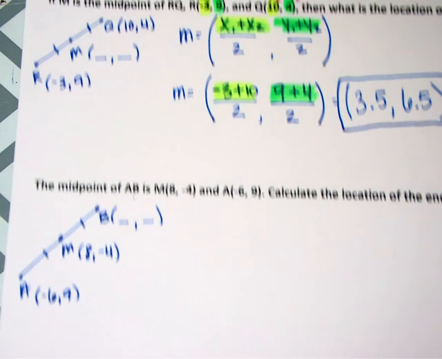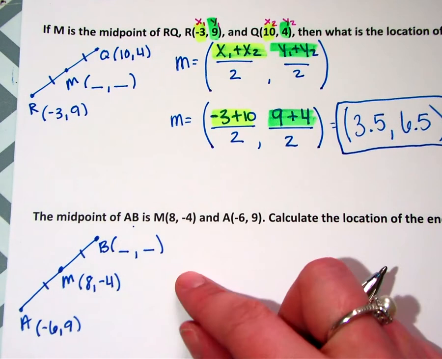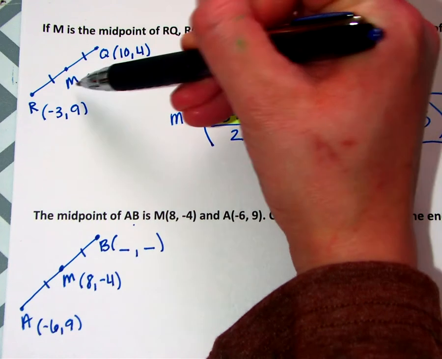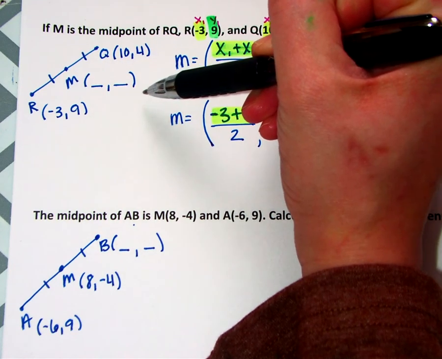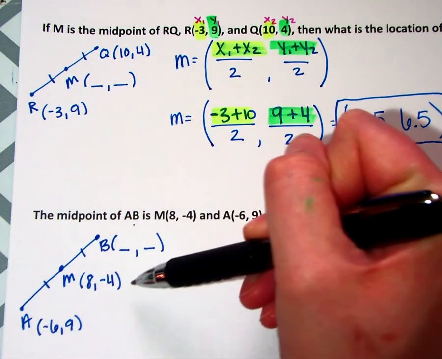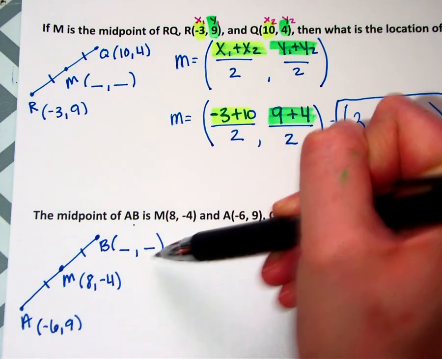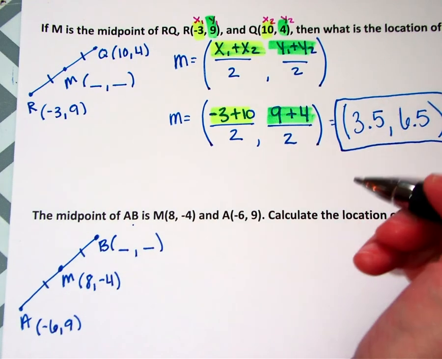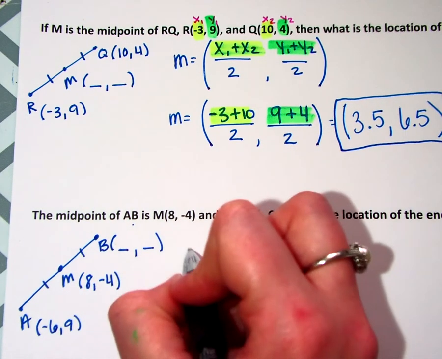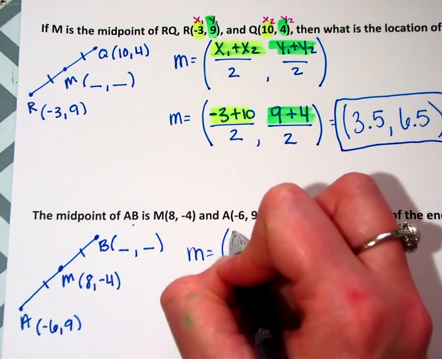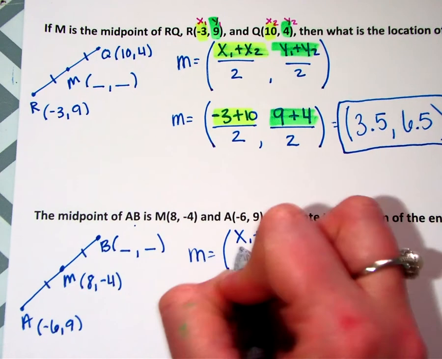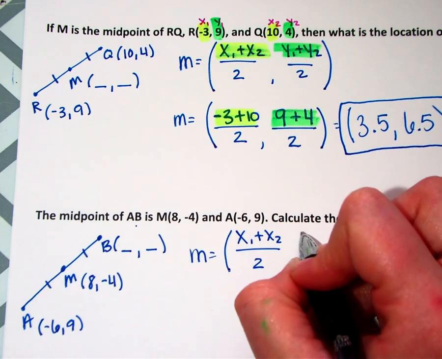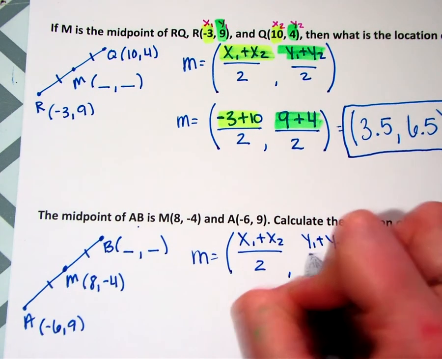So notice the similarities and differences between these two problems. In this first one, we didn't know the location of the middle. In this last one, we do, but we don't know where the segment ends to make this length equal to this one. We are still going to use the midpoint formula. M equals parenthesis x sub 1 plus x sub 2 over 2, comma, y sub 1 plus y sub 2 over 2.